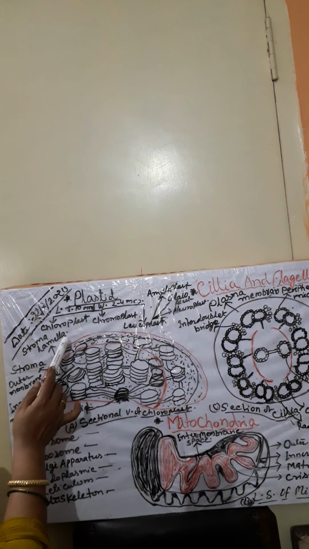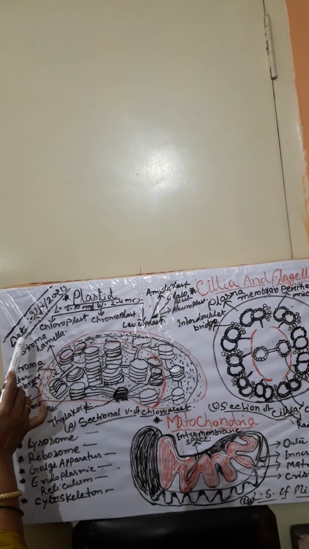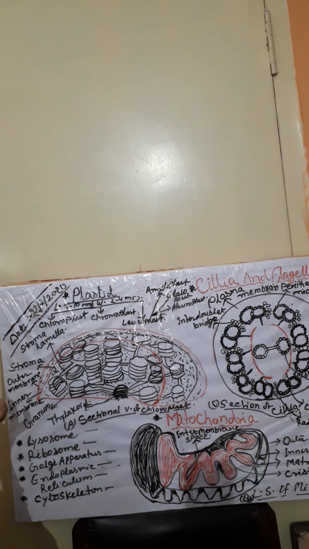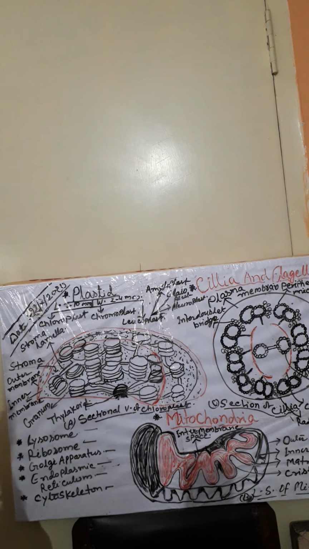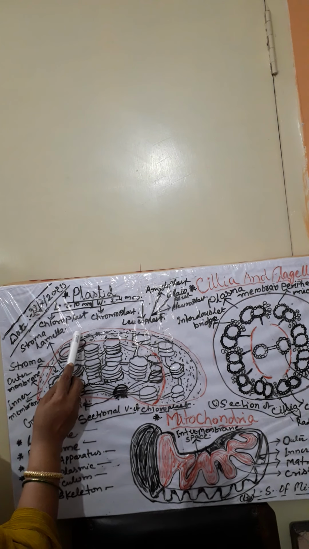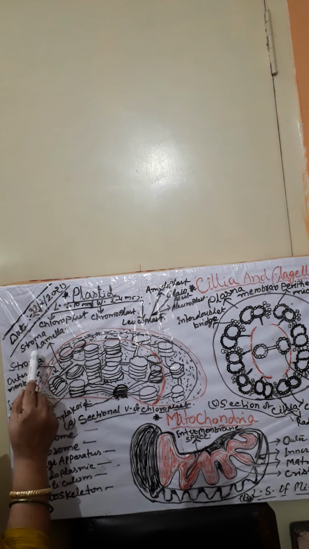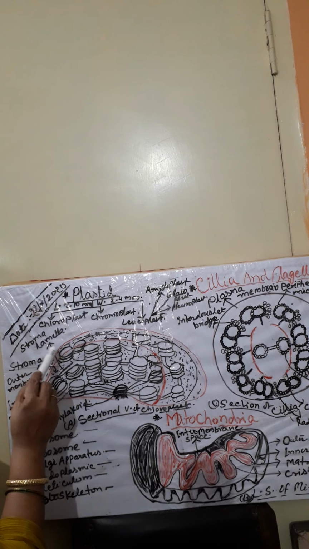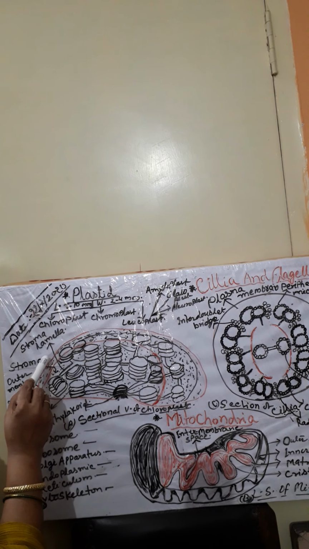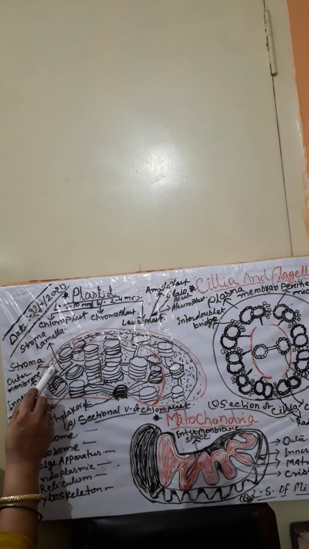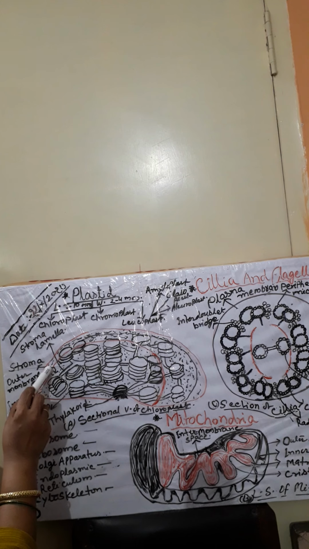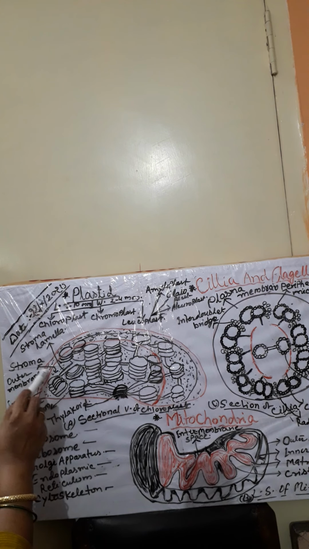Then we see the structures of chloroplast and plastids. The majority of chloroplasts of the green plants are found in the mesophyll cells of the leaves. These are lens-shaped, oval, spherical, discoid, or even ribbon-like organelles having variable length.